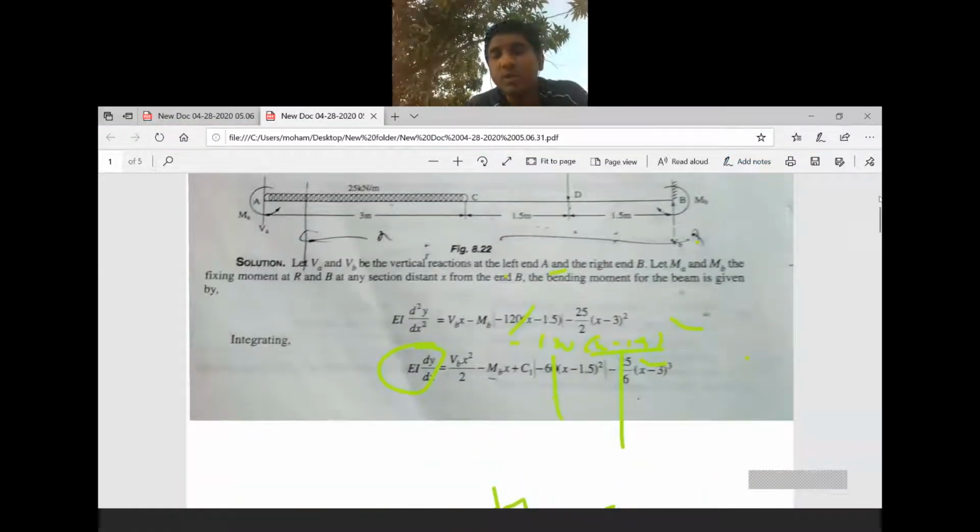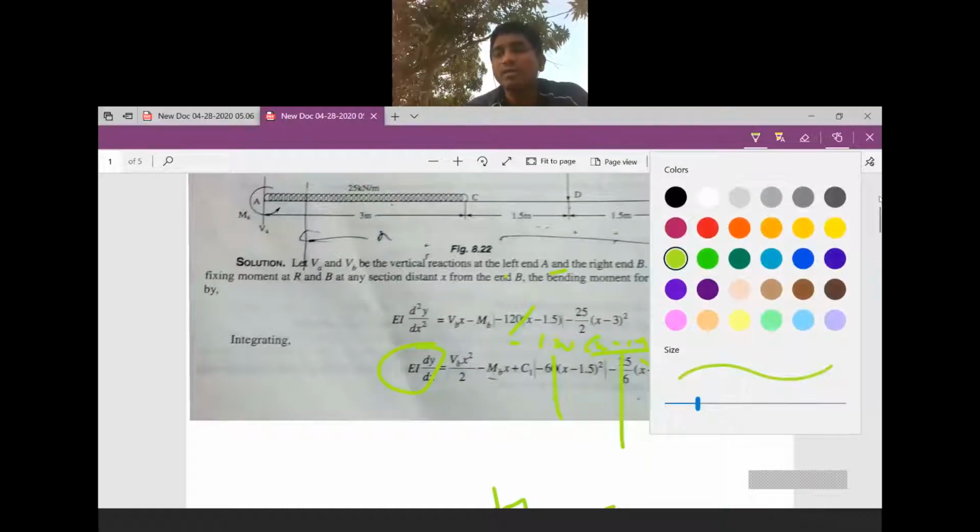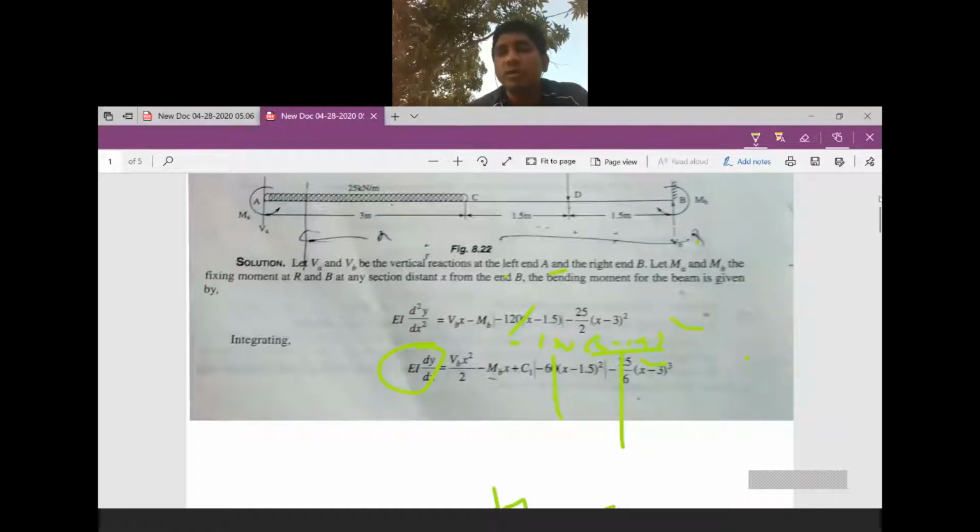If you substitute here, dy by dx 0, 0, Mb into 0, 60 into 0 minus 1.5 whole square, 25 into this equation. I'm explaining this equation.